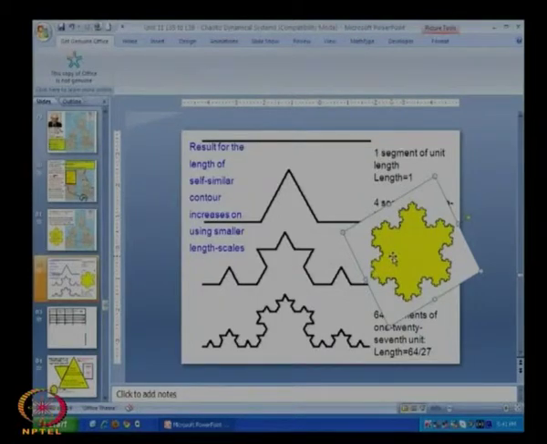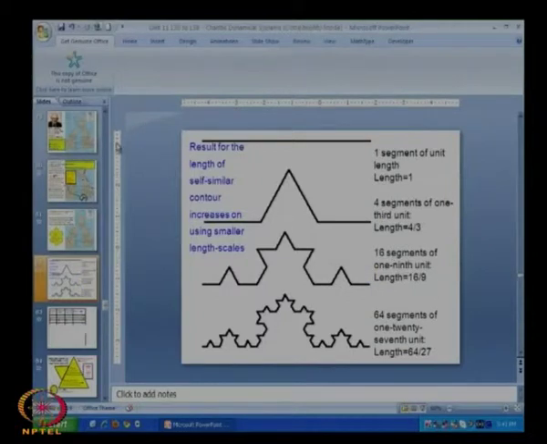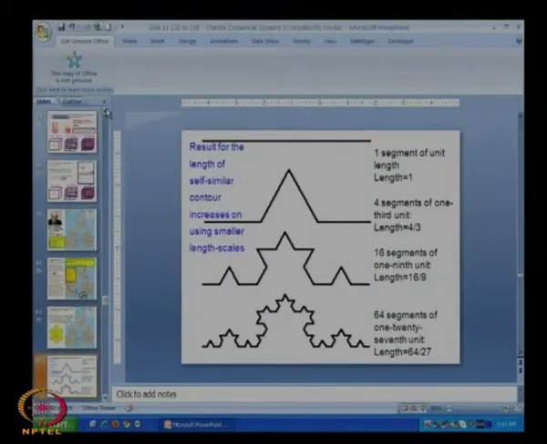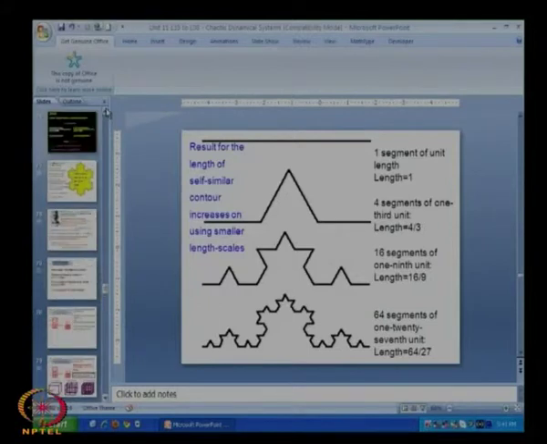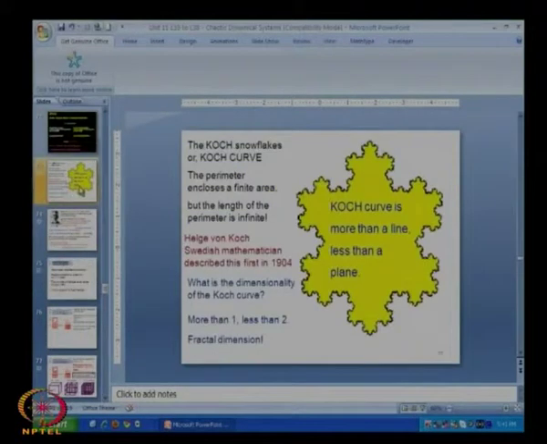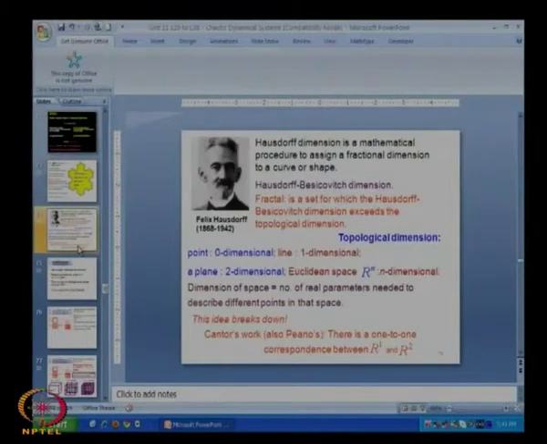So, let me take this off and go back to our original slide and continue our discussion over here, and let me resume our discussion on the definition of the Hausdorff-Besicovitch dimension, okay?